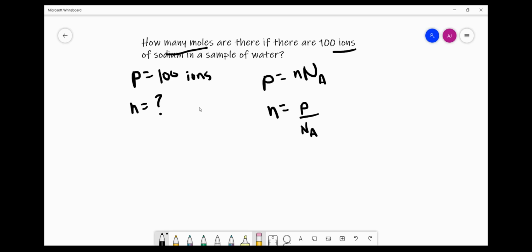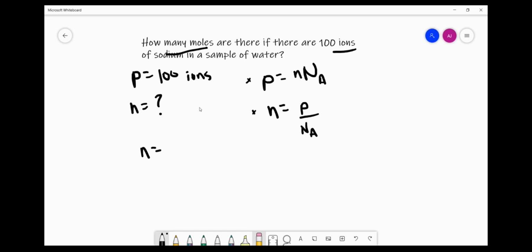Please come talk to me if going from this step here to this step here, rearranging that equation, was a bit too fast and you're not really sure how I got there. That's something that you need to be able to do, and I'd like to be able to provide help for that if you are having trouble.